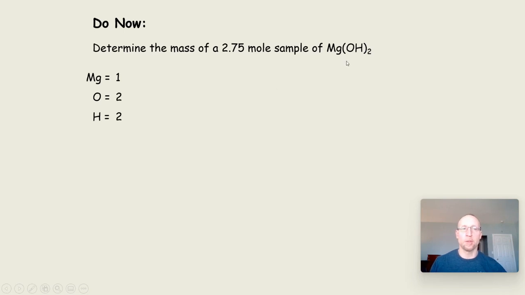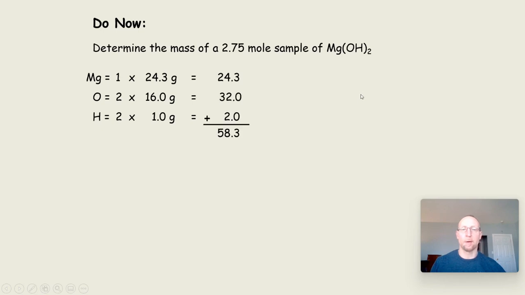So we've got two O's and two H's. Now we times them by their masses that we round off to the nearest tenth off of our periodic table. So magnesium is 24.3, oxygen is 16.0, and hydrogen is 1.0. So we tally these up and we get 58.3 grams per mole, right?